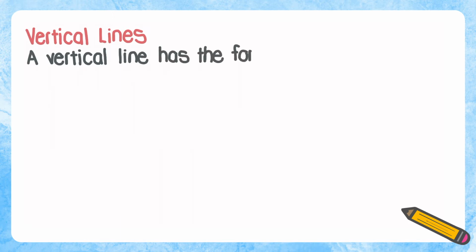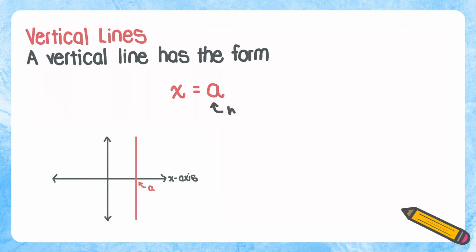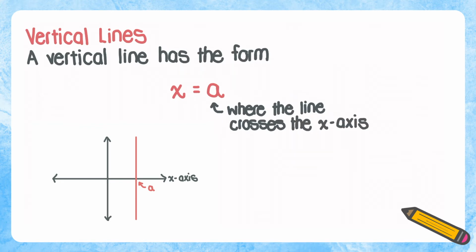Let's go over the definition of a vertical line. A vertical line, a line that goes up and down, has the form x equals a. And this a is a number, and this is where the vertical line crosses the x-axis. Remember, you can pause the video if you need more time to write down the definition.